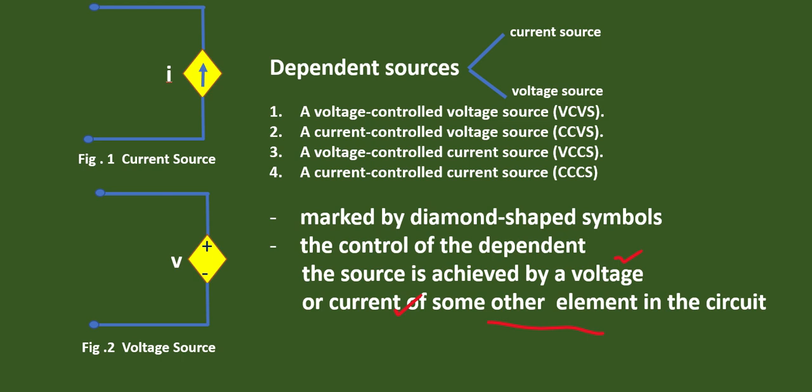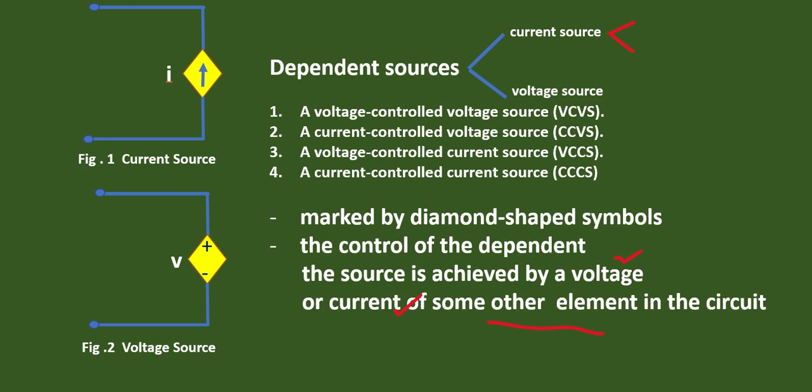Here you see this is a current source. How do you identify it as a current source? Within this diamond shaped symbol, if you have this arrow, then it indicates it is a current source. Within this diamond shaped symbol, if you have these polarities mentioned, then it is a voltage source. And this dependent current source can be of two types.